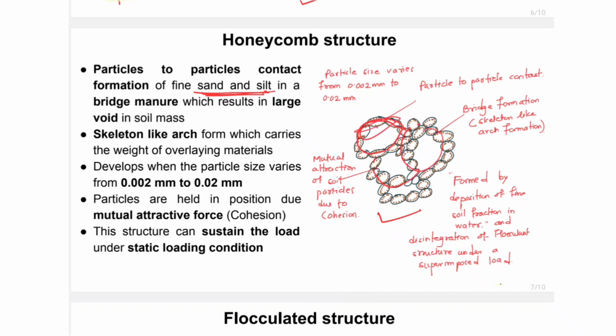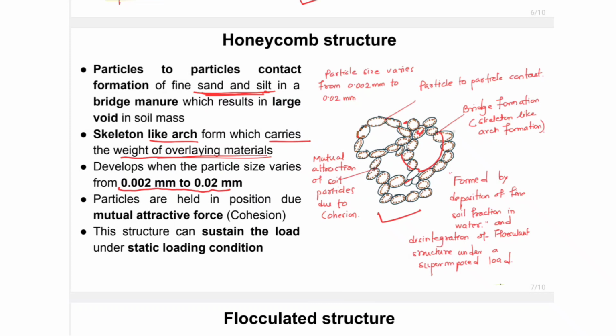Then the skeleton looks like an arch effect, where the overlying material is carried like an arch, which carries the weight of the overlying material. And this structure forms when the particle size varies from 0.002 mm to 0.2 mm.